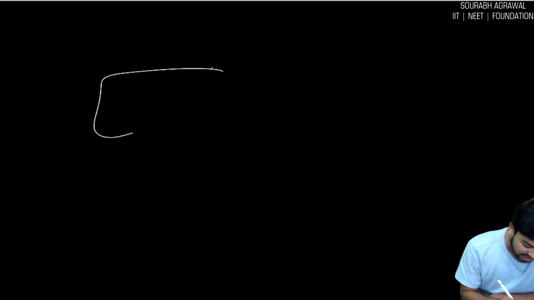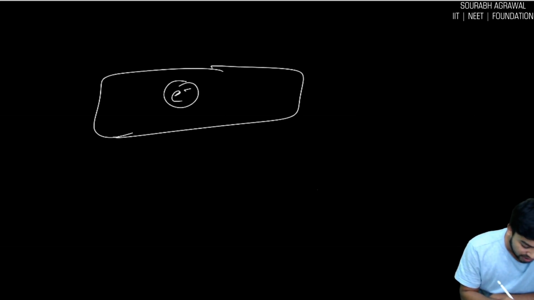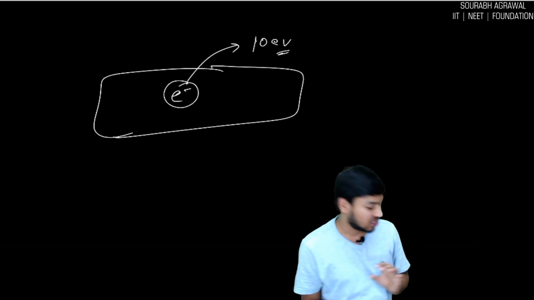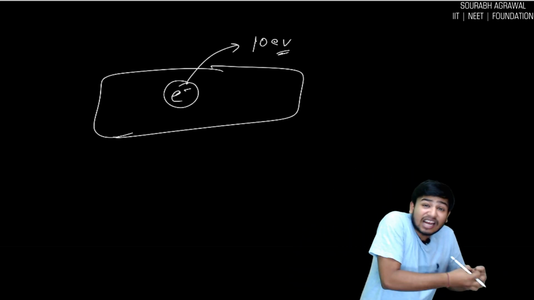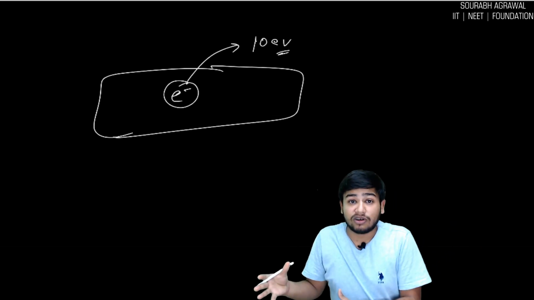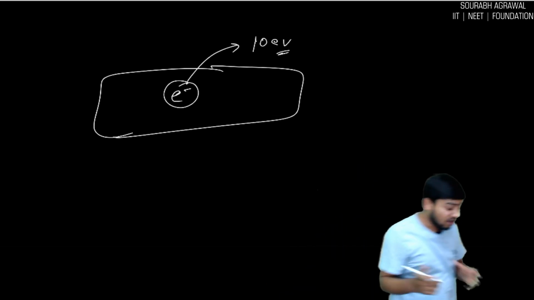I am taking a very simple example. Let this be a metallic plate, in which to break an electron from here you need 10 electron volt energy. Electron volt is a unit of energy, I already told you in the last class. The energy required is 10 electron volt.